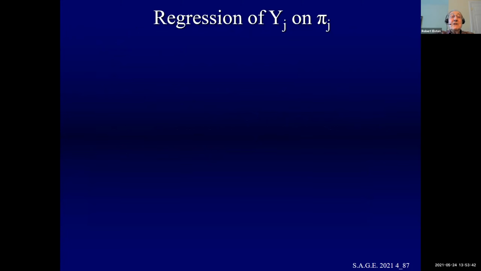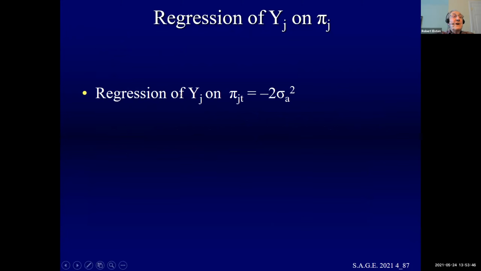So now let's look at y. We know that the regression on pi_jt is minus 2 sigma_a squared. Here we're at the trait locus. Now let's start looking at the marker.